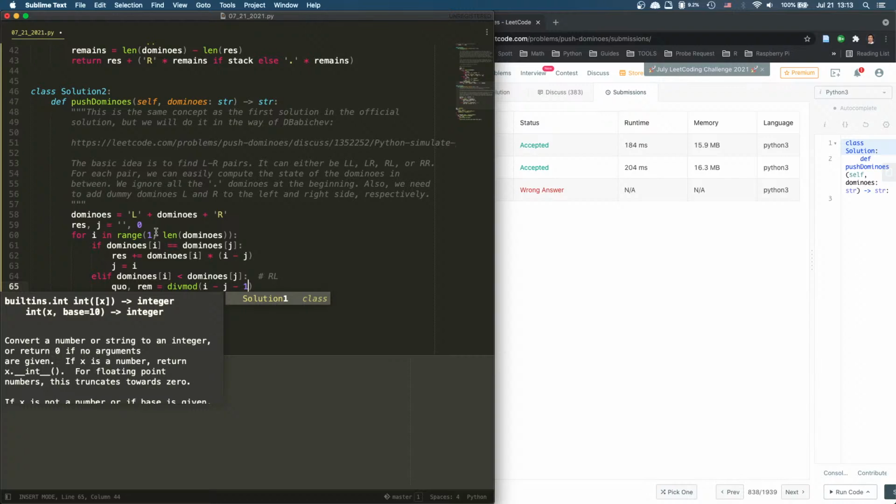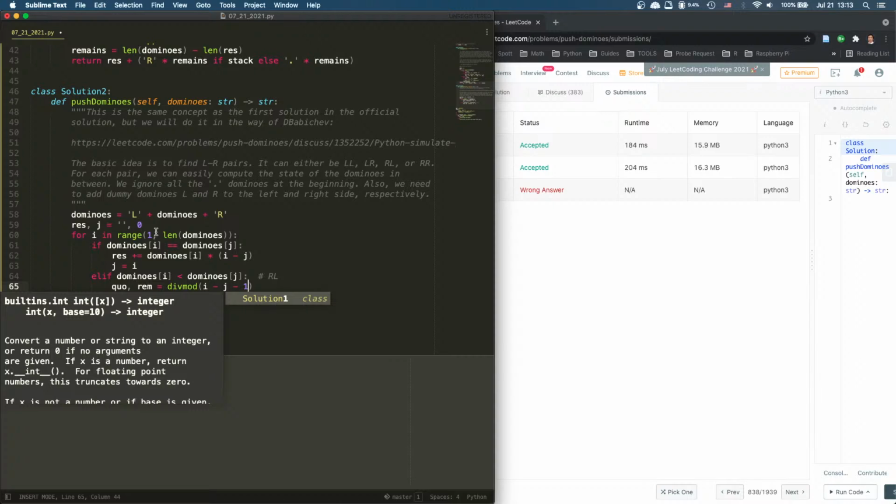And now we have the current R, right? And then we say we want to do everything in between. How can we do everything in between? We do just from the current R all the way to the previous, right? But then we move the J towards the current, which is actually the end. Now we move the J here.